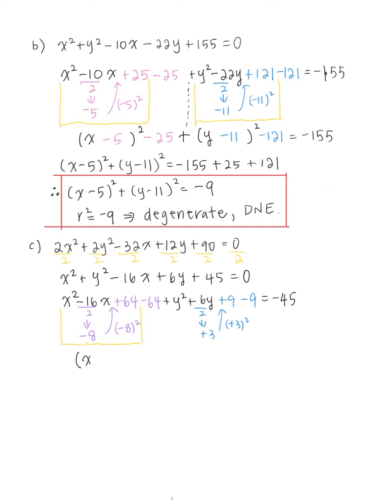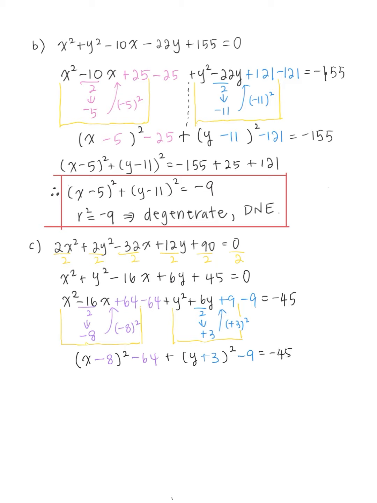This is going to be x minus 8 squared, and then don't forget to drop down that minus 64. And then plus, now you do the same thing here. So you're going to get y plus 3 squared and then minus 9 equals negative 45.